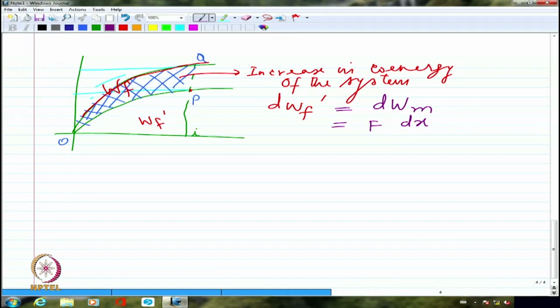So from this I should be able to write f equal to a partial derivative, because Wf dash is a function of both I as well as x. Very clearly I can write Wf dash as a function of I and x, but during this condition I am going to keep I as a constant, which means it is slow movement.